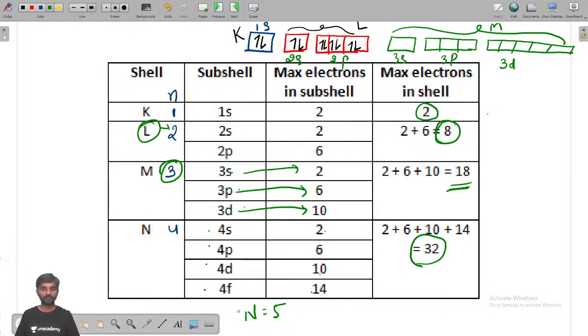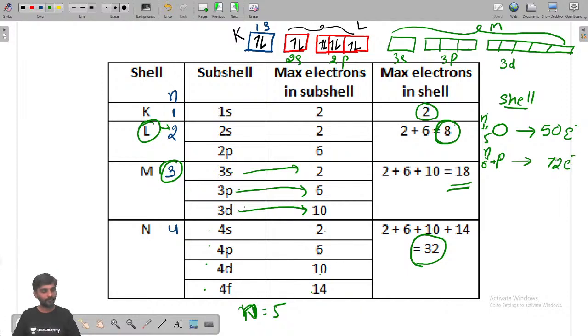If the shell name is O, it can fill 50 electrons. The shell name is O when the n value is 5. If the n value is 6, this is P, it can fill almost 72 electrons.